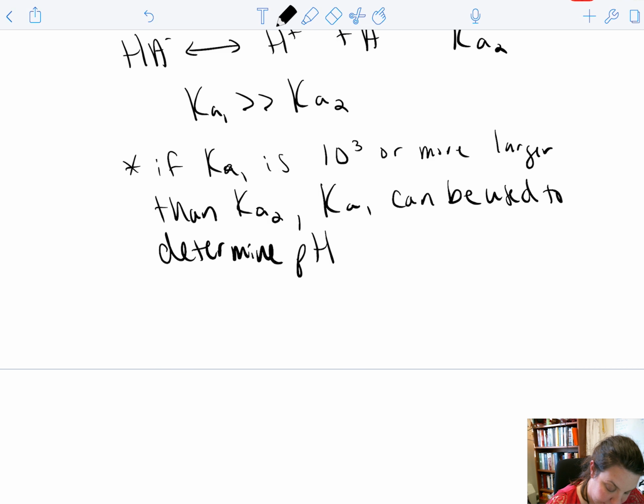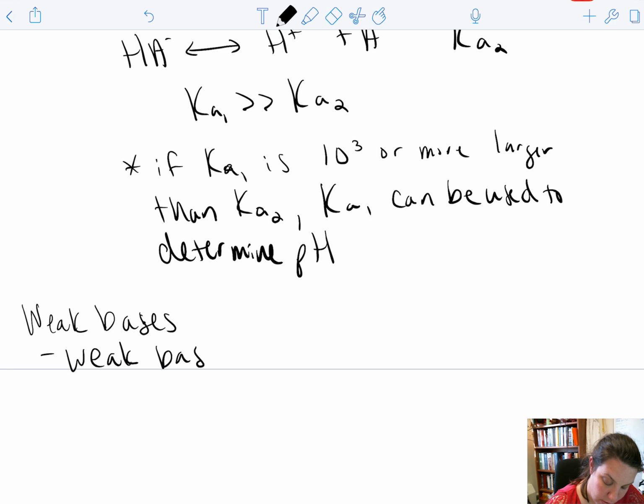And with weak bases, everything we do for weak acids we can do for weak bases. Just keep in mind they're a little bit different. A weak base reacts, or I guess I should say deprotonates, water to produce OH minus.